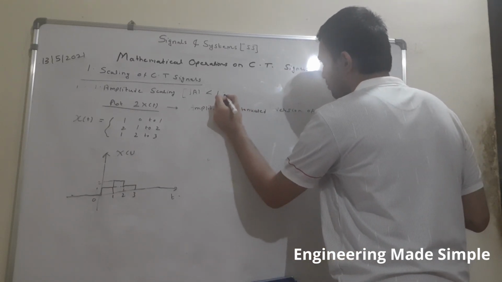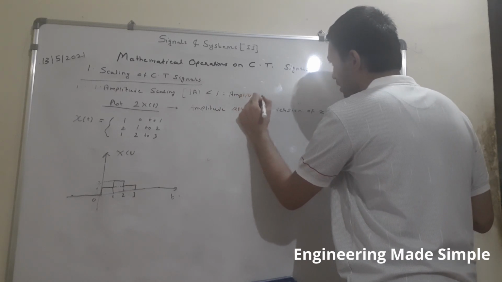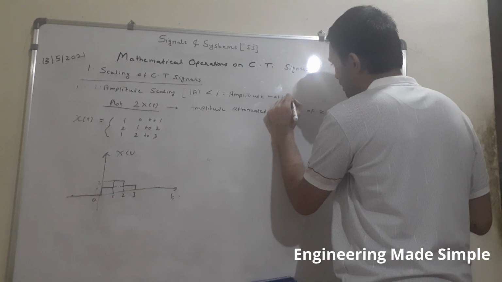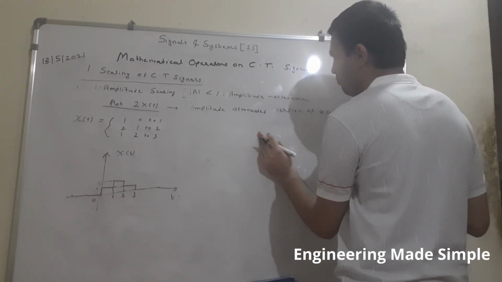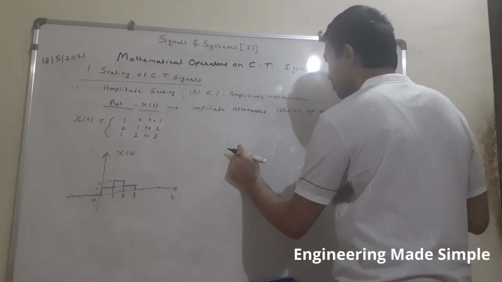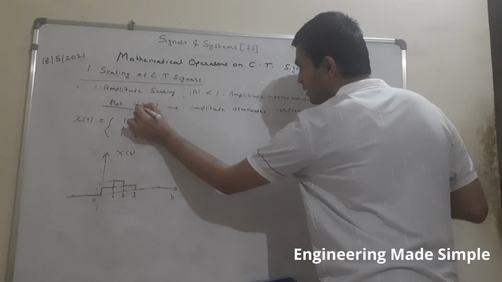So we are going to perform amplitude attenuation. Please note we are doing amplitude scaling only in this case, but in amplitude scaling there were 2 cases. Whenever I say I am going to have the amplitude attenuated version of x of t, its value will always be less than 1.